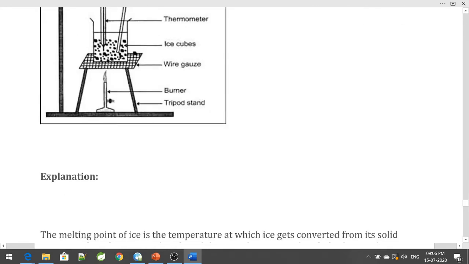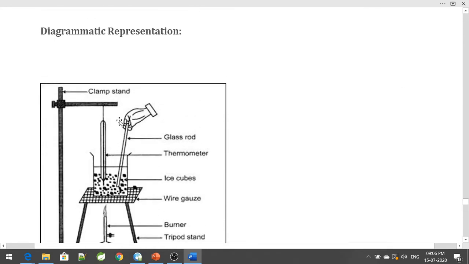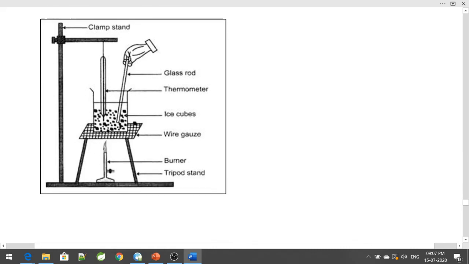See here. This is the thermometer. This is a clamp stand. We have tied a thermometer into the ice cubes, and below that a burner is kept. This is a tripod stand on which a beaker can be kept, which has ice cubes and a thermometer.